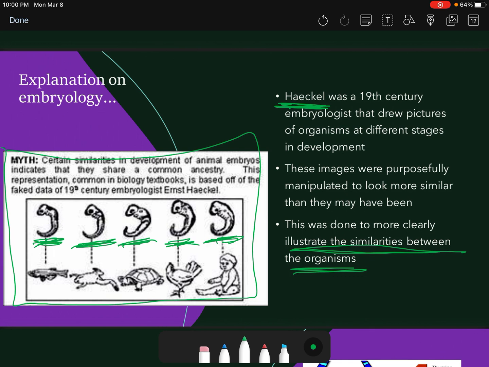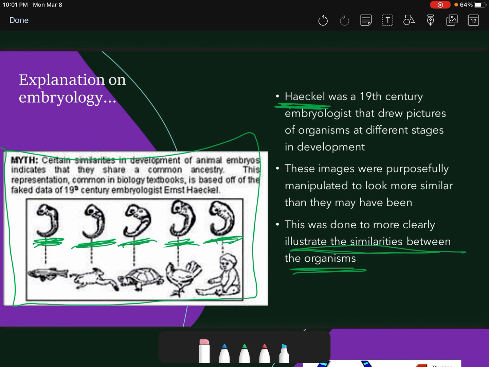The reason that I still show these images is a pretty simple explanation, actually. The principles of this idea still hold 100% true, whether Haeckel did actually manipulate them or not.